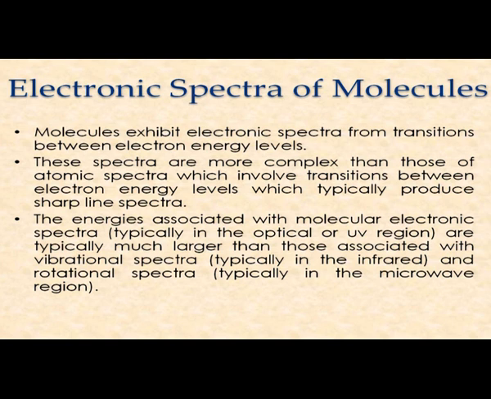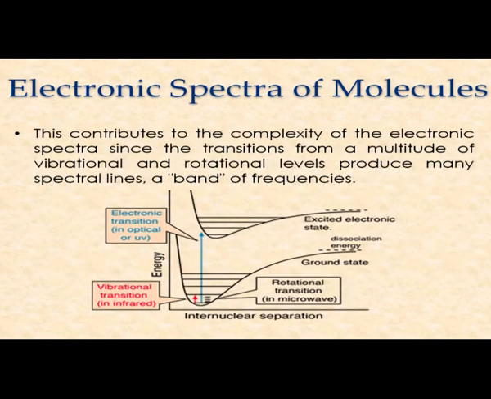So, energies associated with molecular electronic spectra are much larger than those associated with vibrational spectra and rotational spectra. This contributes to the complexity of the electronic spectra, since the transition from a multitude of vibrational and rotational levels produce many spectral lines, that is a band of frequencies.